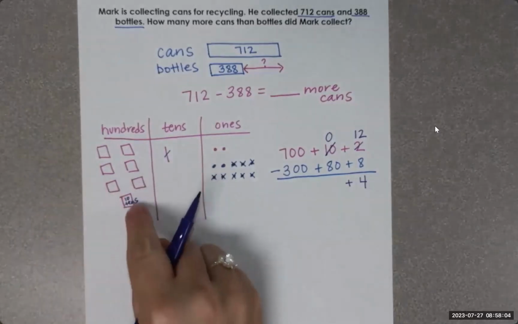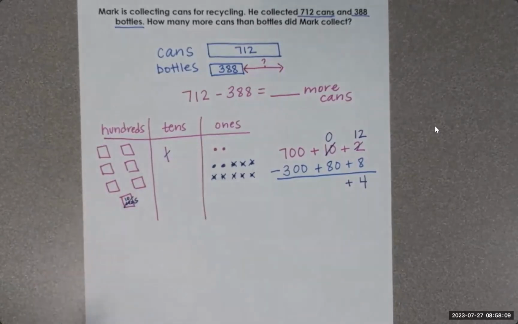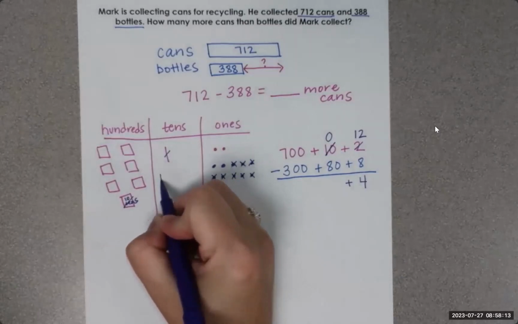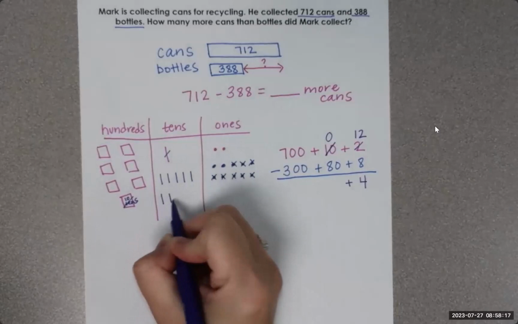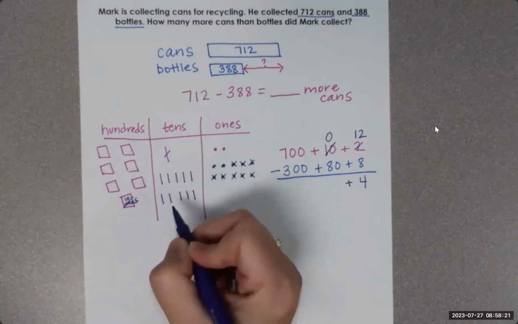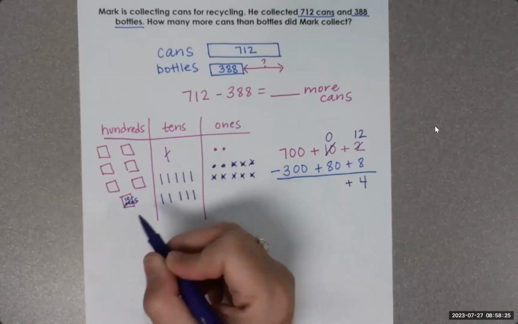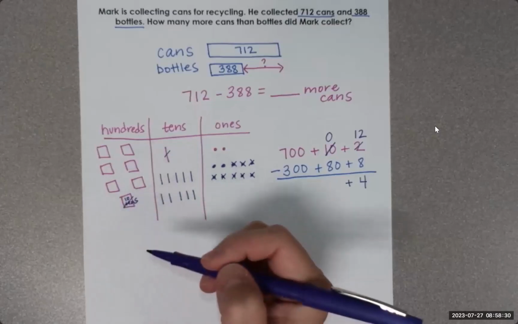So I'm going to take that 100 and rewrite it as 10 tens. 1, 2, 3, 4, 5, 6, 7, 8, 9, 10 tens. Or I can count by tens, and I realize that now my tens place has a value of 100. But my hundreds place, instead of having a value of 700, now has a value of 600.